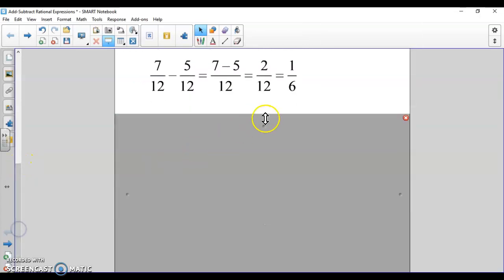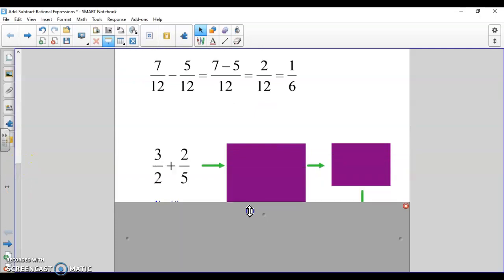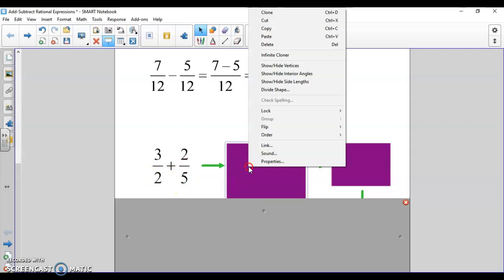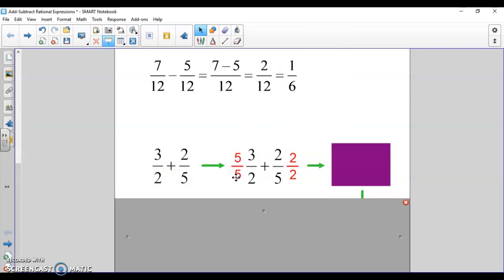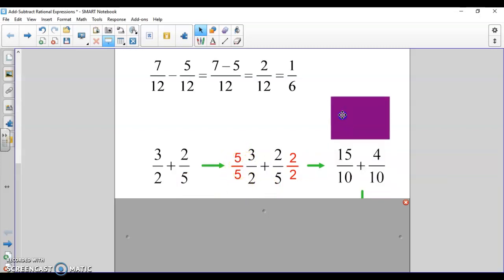Keep going. Looking at a fraction that does not have the same base, we need to get the same base, or the same bottom. So you need to find the lowest common multiple between the two. The lower it is, the easier the problem becomes. 2 and 5, the lowest common multiple between the two is 10. So I need to multiply top and bottom of this first fraction by 5 to get a 10 on the bottom.